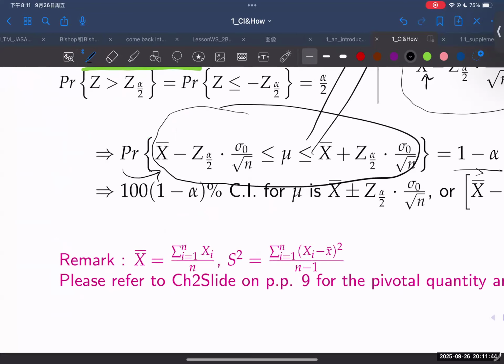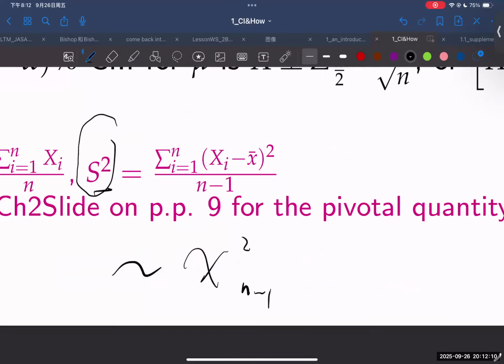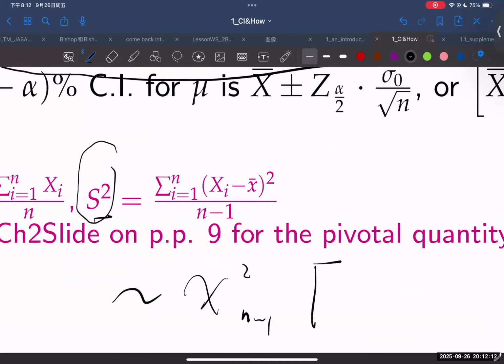And next for x bar and s square, we show you what it is. For this s square, I want to draw your attention. If you give a divisor, it will follow some chi-square distribution with n minus 1 degrees of freedom.